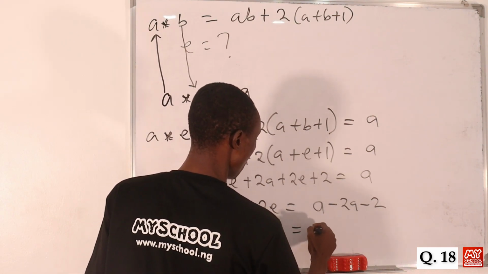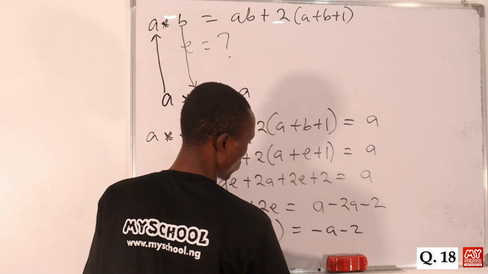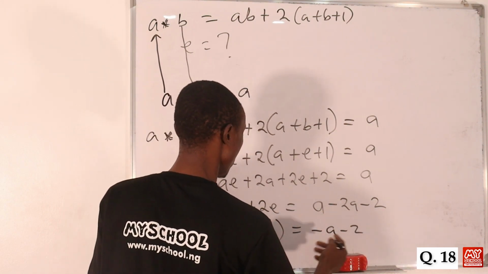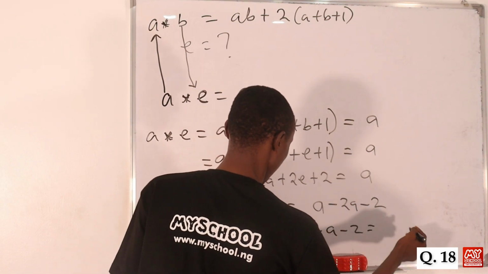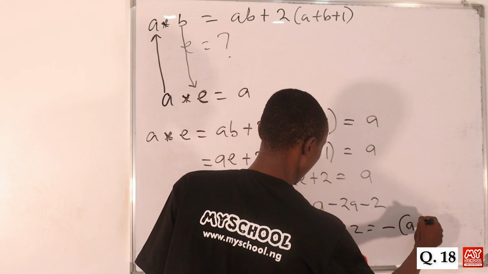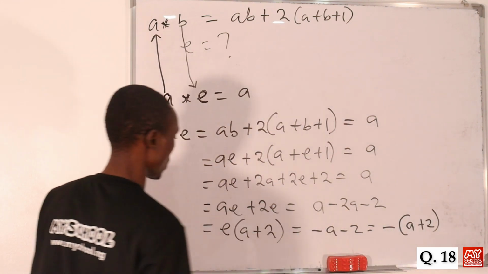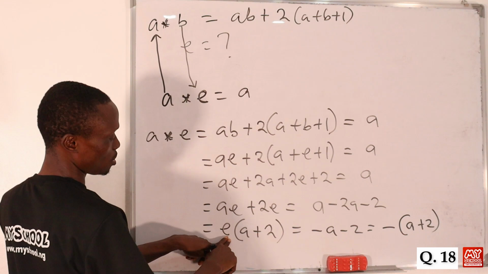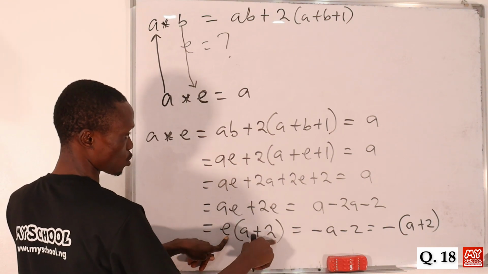So here we'll have minus a minus 2. Minus a minus 2 is the same thing as minus outside, then bracket open a plus 2 in bracket. Now since we are looking for e, we just divide both sides by a plus 2.